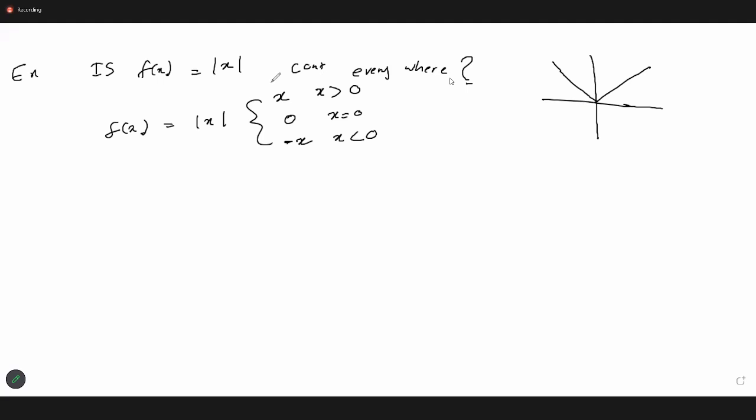So tell me what is this and what is this? This one is x. So this one is negative x. But we can write those as what? These are polynomials. Right? These two are polynomials. So now we know that every polynomial is continuous everywhere.